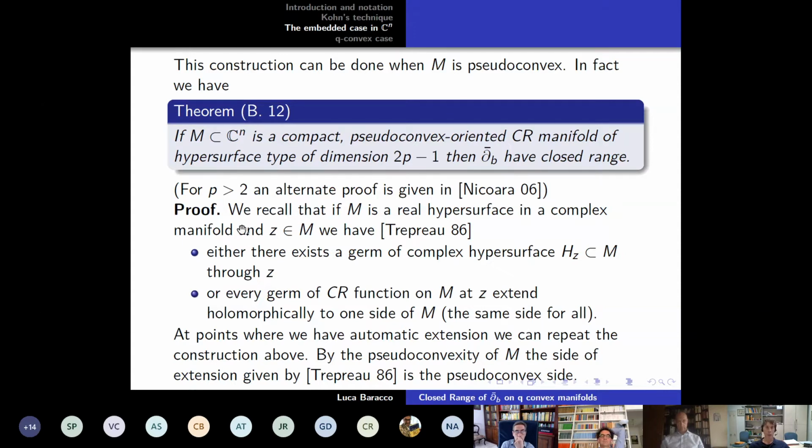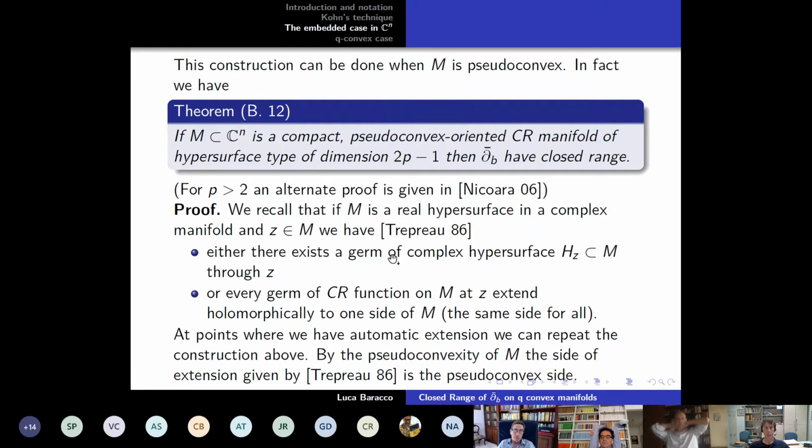So, how do we prove it? We prove that M is the boundary of a complex manifold. We recall that if M is a real hypersurface in a complex manifold, and Z is a point of M, then we have this alternative.